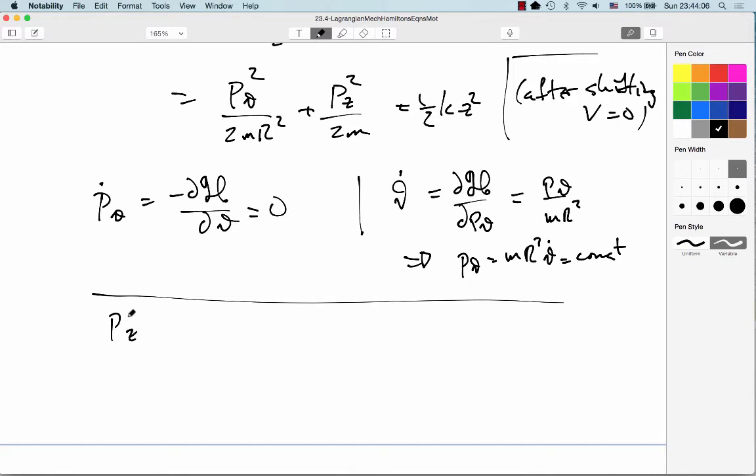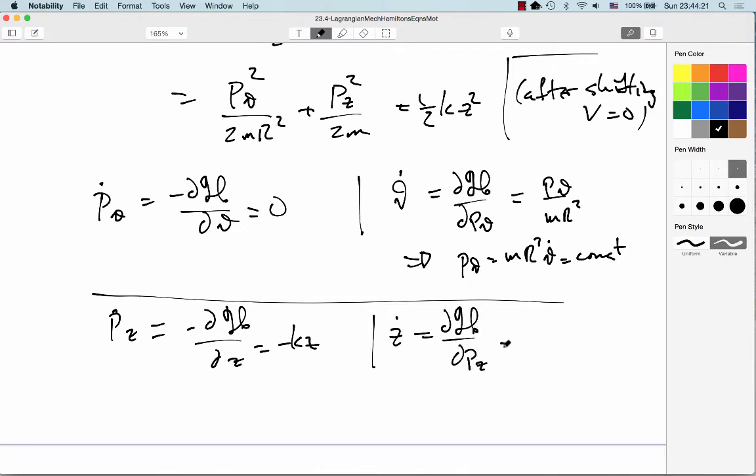Then we can say pz dot is minus partial h partial z, that's minus kz, and z dot is partial h partial pz, that's pz over m.